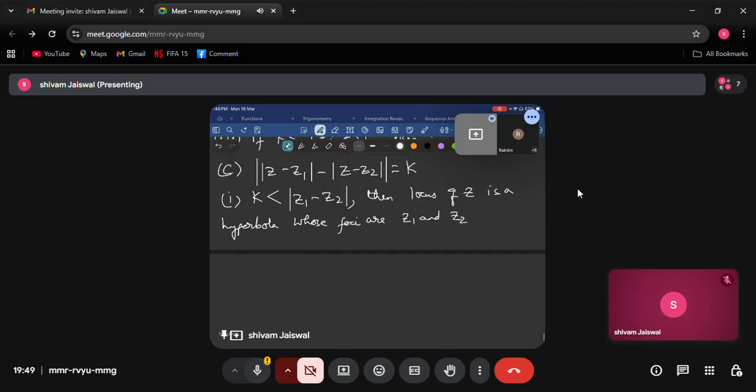Next, number 2. If k equal to mod of z1 minus z2, then what is the locus of z? The union of two rays.